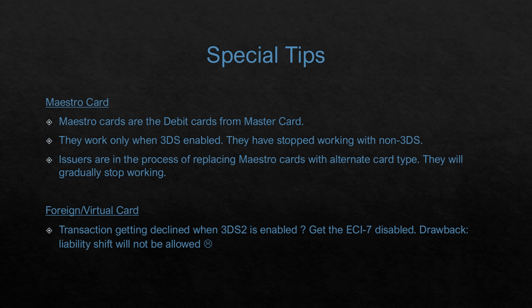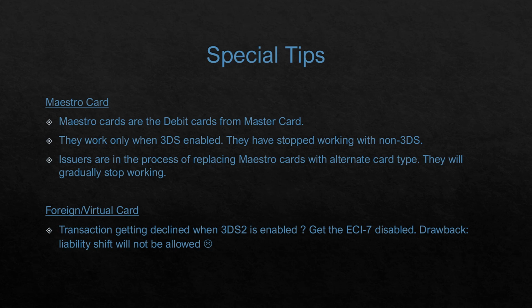It's because you can get it passed through only if you accept ECI 7 liability. It means that merchants say we disable ECI 7 and we take the liability on our side, that if something fraudulent happens, we will be responsible for any chargeback.